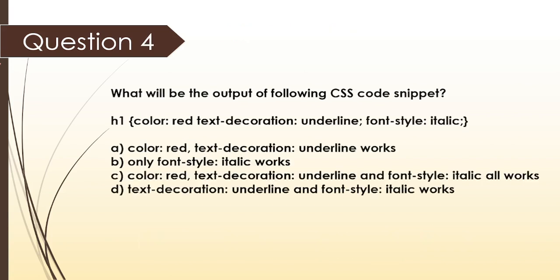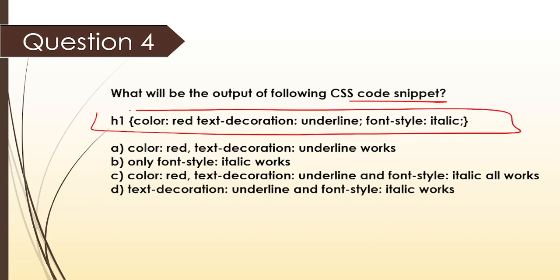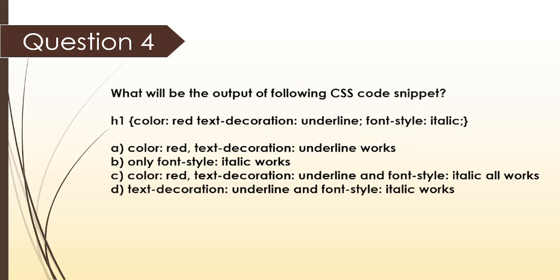Next is, what will be the output of the following CSS code snippet? So here we have a one-liner code. You have to check its output. Okay, so first option is color red, text decoration underline works. The code is given here, H1.